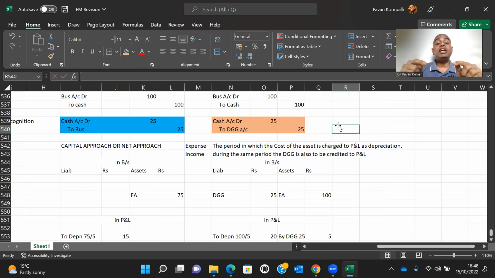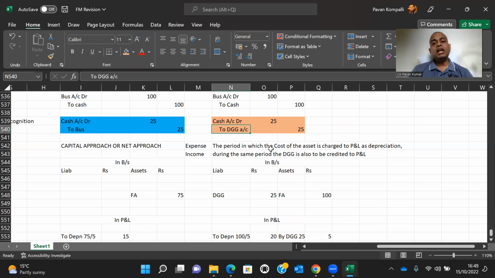Sometimes there can be a difference between the book value of DGG account and the amount I need to pay. Say for example, Pavan sir, imagine, I have recognized 5 rupees from this DGG in the first year. I have recognized another 5 rupees in the second year. So DGG in my books is 15 only.